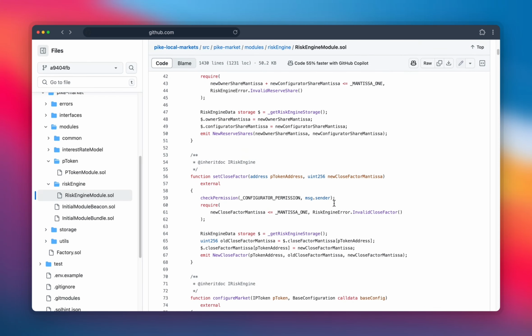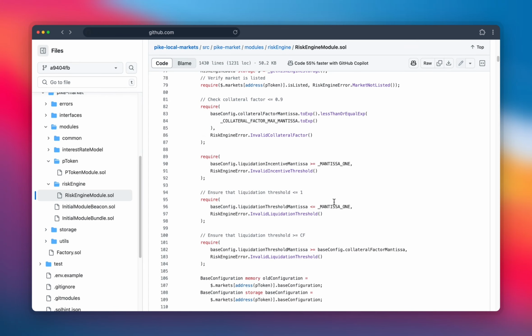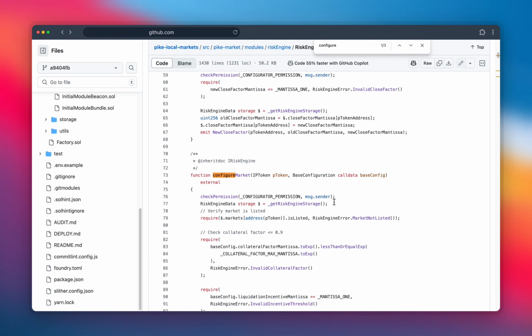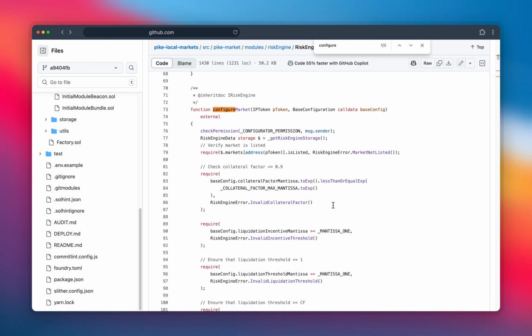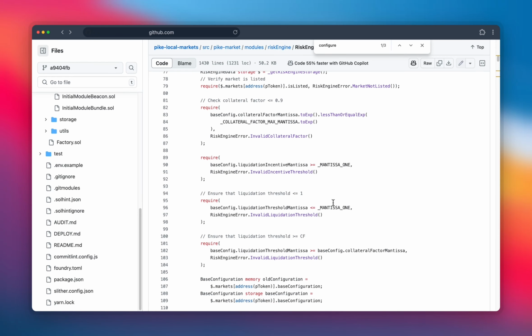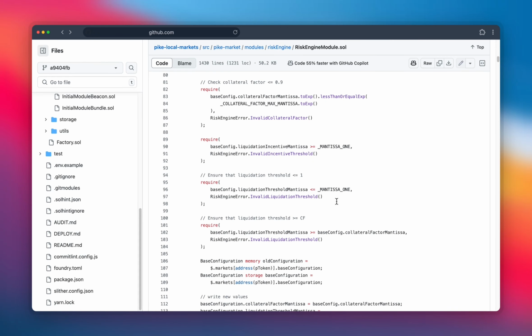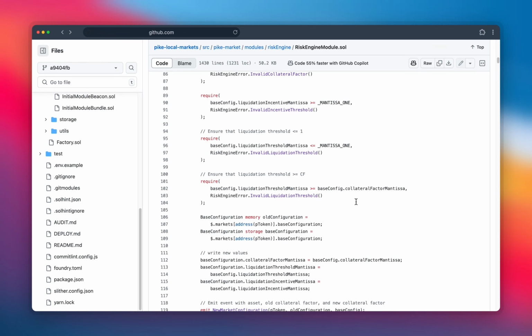And all the admin functions like configure market and support market, you can see, are gated by the governor through the time lock. At the same time, the emergency guardian can instantly pause mint, borrow, transfer, and seize actions, and these calls bypass time lock entirely.